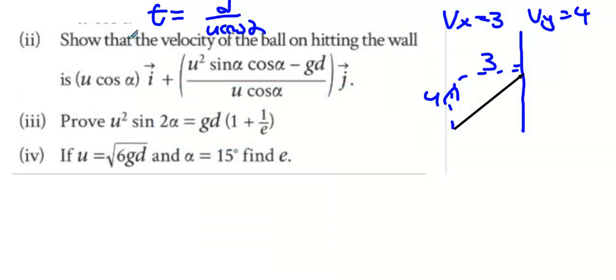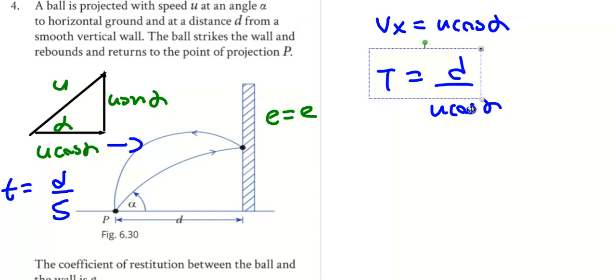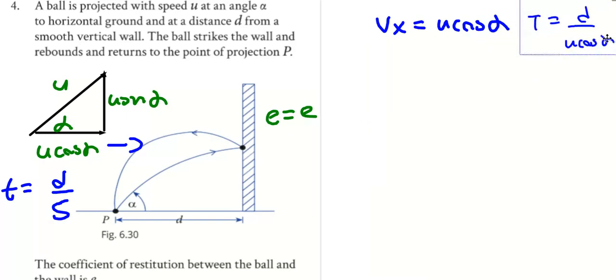Okay, so I'm going to go back to my equations. I have v x is done. I have my time of flight before I hit the wall is t equals d over u cos a. Okay, we're happy with that. Anybody know my next step? I'm going to have to find out what v y is, haven't I?